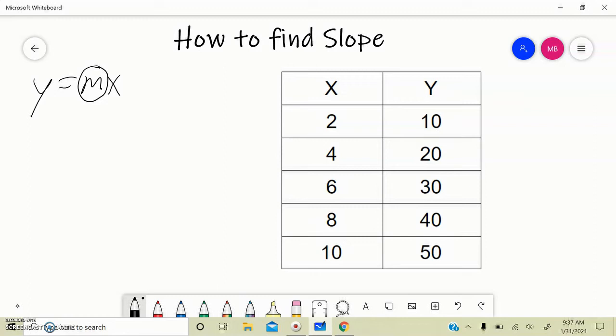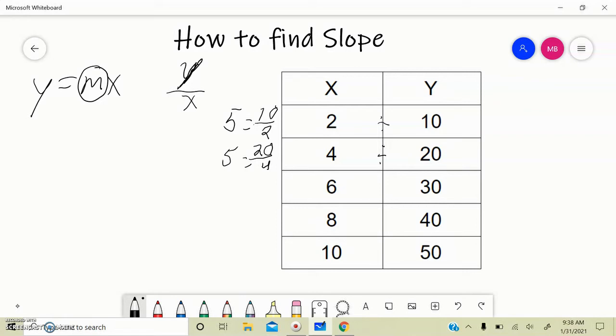We know that we're looking for a change in y over a change in x. So we know we have to have our y as our numerator and our x as our denominator. So let's do 10 divided by 2. 10 over 2 simplifies down to 5. Now I move down. I do 20 divided by 4.